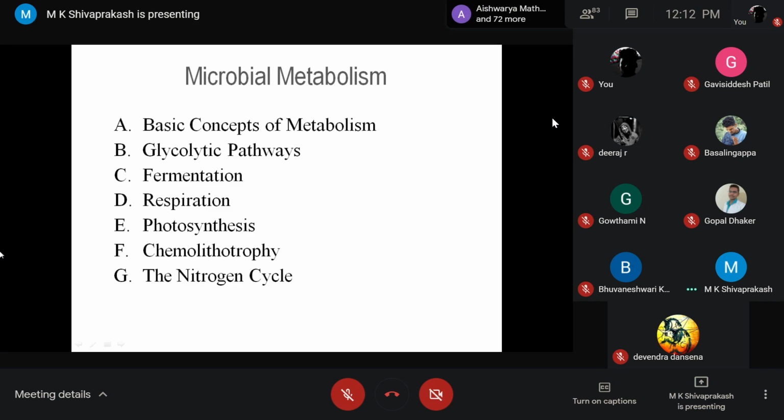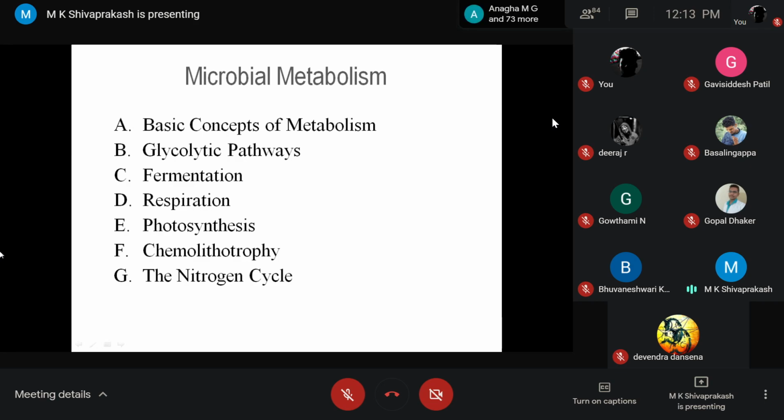So there are two things. One is the energy metabolism, energy yielding reactions, and the other, by using simpler building blocks, is to produce different macromolecules which are part of a living cell, like proteins, lipids, carbohydrates, nucleic acids, and so on.